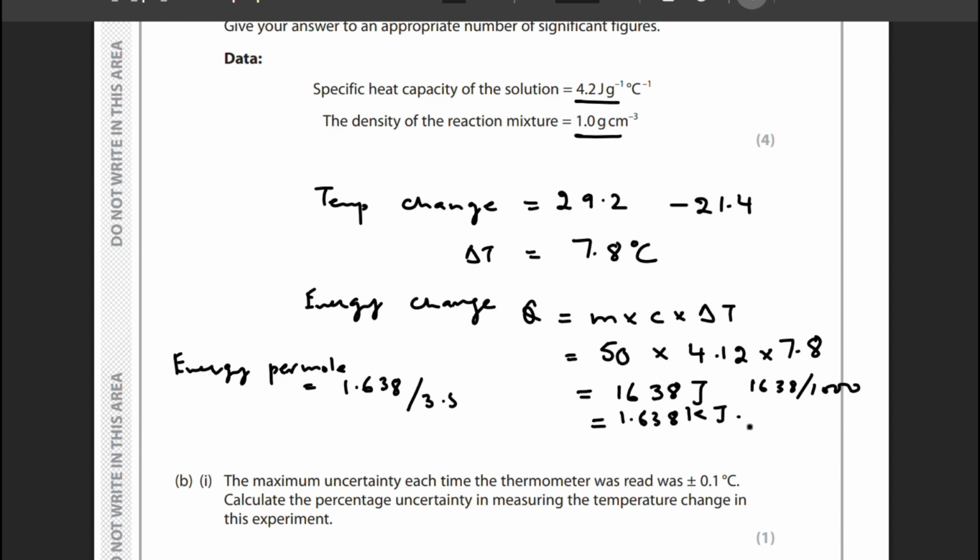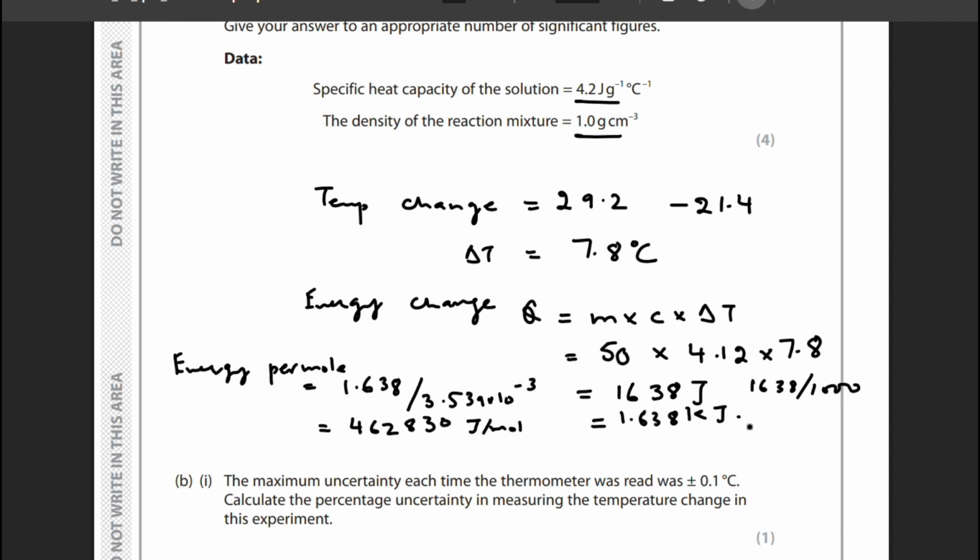That is 3.5391 × 10^-3. So the energy per mole is 462,830 joules per mole.